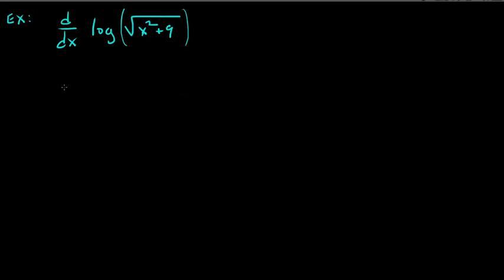So first of all, what base is this? You should know by now, when you don't see a base, it's the common logarithm. It's base 10, not e, because e is the natural log, ln. And while we're at it, we can change the square root to x squared plus 9 to the 1/2. Oops, that's a 9.